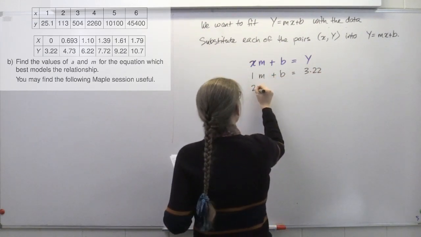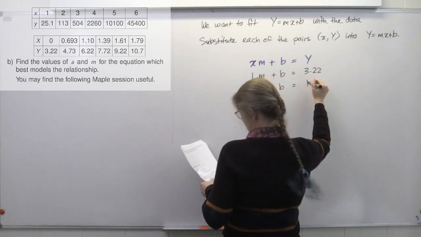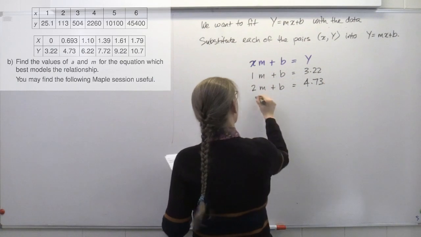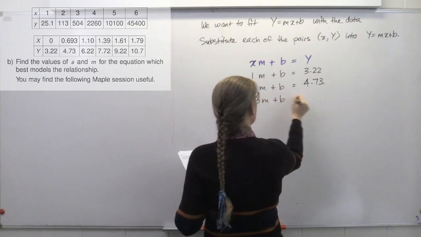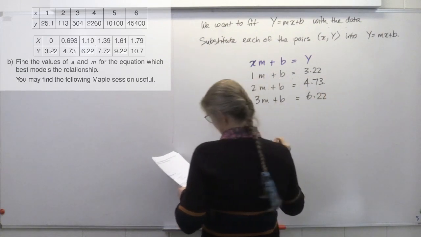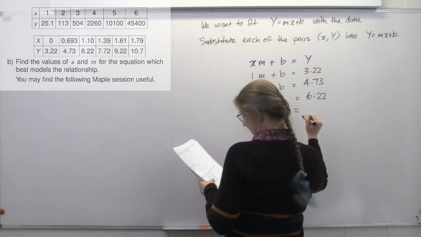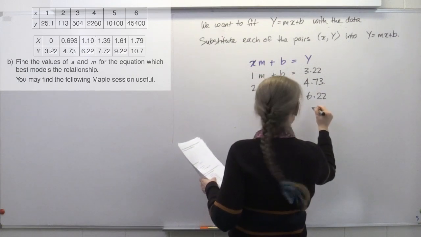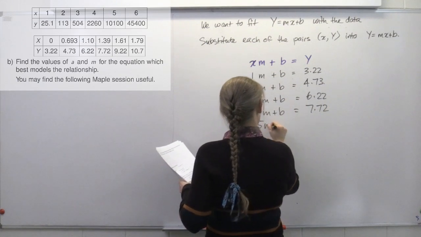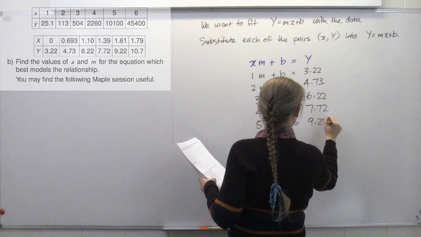Then 2m plus b is equal to 4.73. 3m plus b is equal to 6.22. 4m plus b is equal to 7.72. 5m plus b is equal to 9.22.